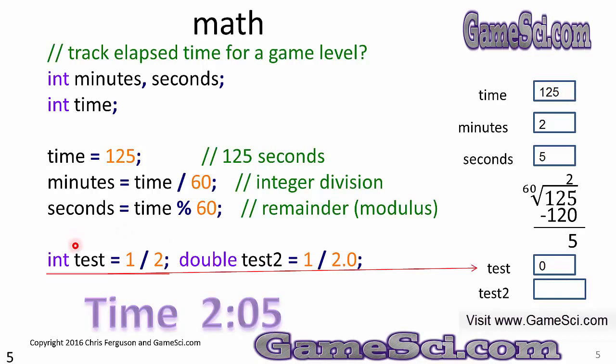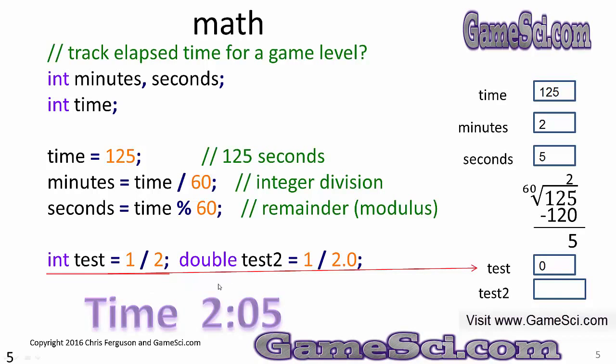Notice how I've declared an integer test to be equal to 1 divided by 2. Well, technically, 1 divided by 2 using integer arithmetic is the value 0. 2 does not fit into 1. 2 fits into 0 one times. So I want it to be clear here. When you divide two integers, you get an integer result. 1 divided by 2 is 0.